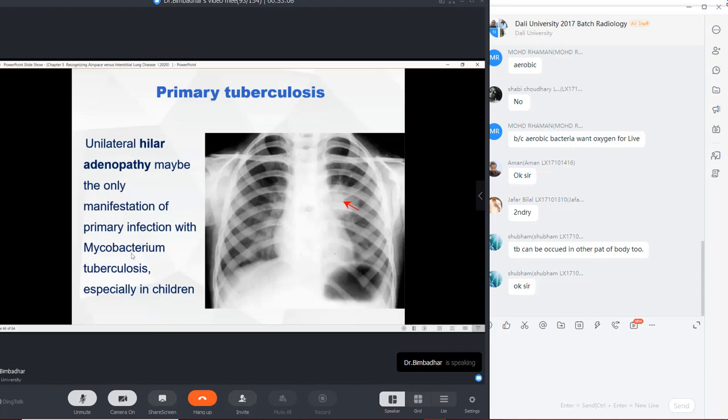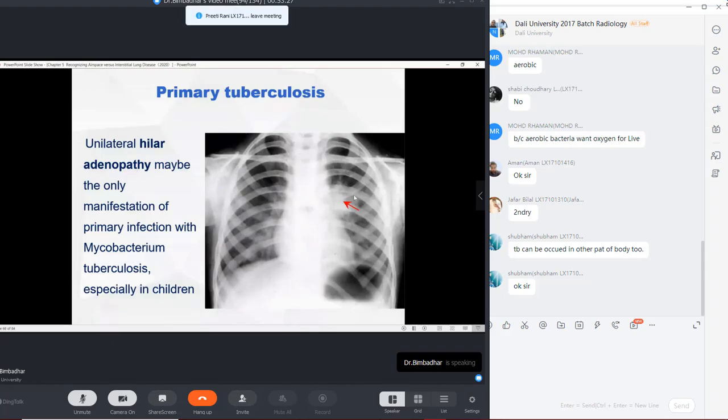But this patient has to have a clear history, okay? And the patient should be severely compromised. The patient should be living in an area of prevalence of tuberculosis. He should be malnourished and other things. Yes, only then can primary infection be suspected.